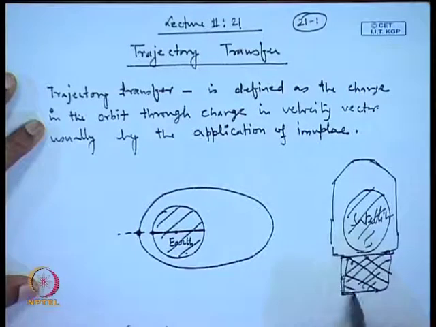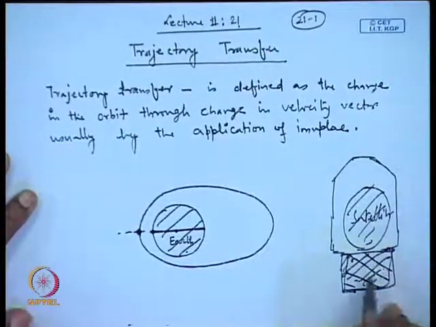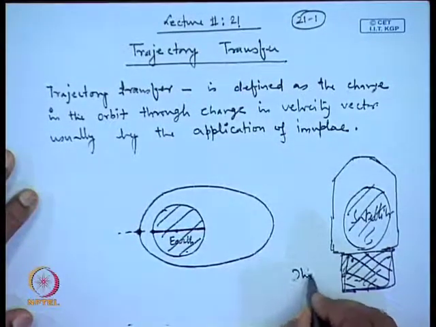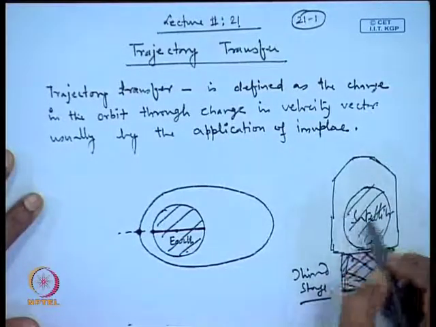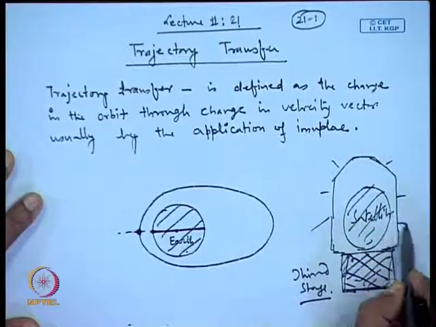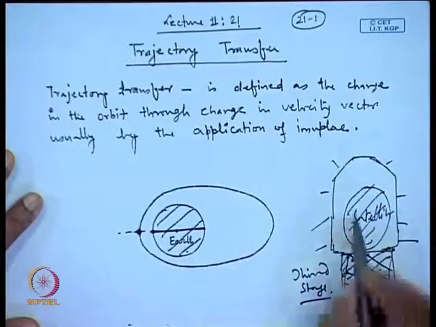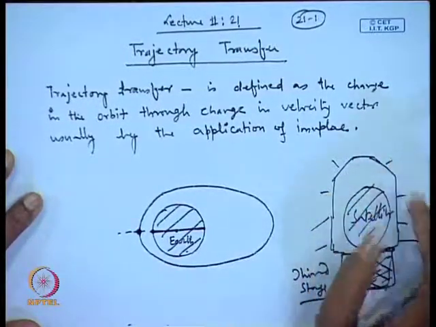This is a little off the track, but I am introducing it for your convenience. Let us say this is the third stage. In the third stage, besides the satellite, you have unnecessary weight, which is the structural weight of the rocket, and besides that the fuel is also there. So, all these weights are together.